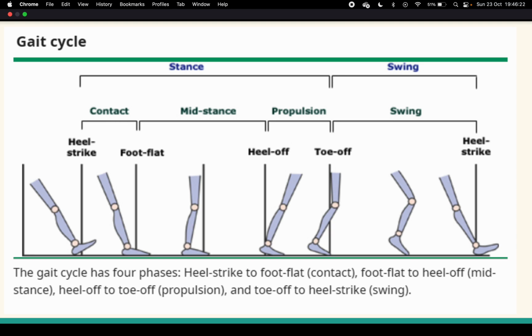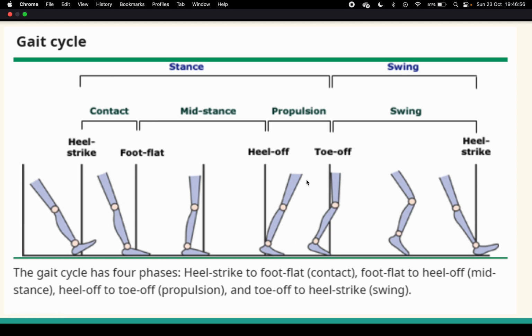So the stance phase has some phases. Firstly, the heel strike. Normally we have a heel strike gait, not a toe strike gait. We touch the floor first with the heel, then the foot flat, which means the contact of the foot to the floor, and then we lift the heel, heel off, and there will be propulsion to the toe off.